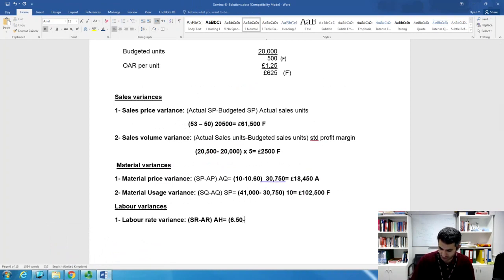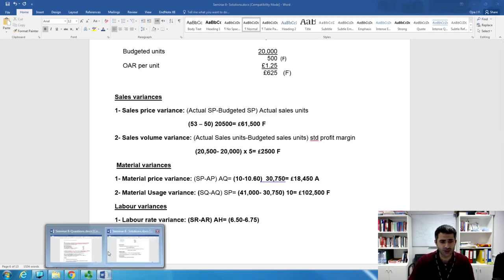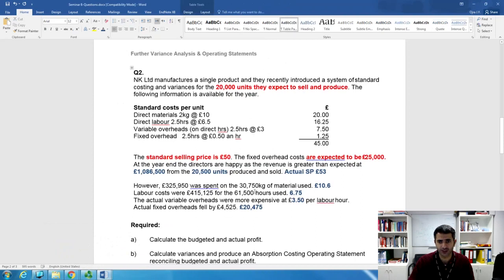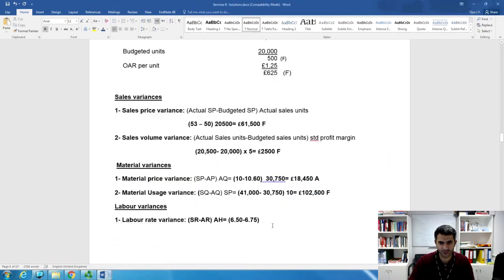6.50 minus 6.75. Yeah, that's right. Multiply by the actual hours. As you see, the actual hours is 61,500. Here we go.